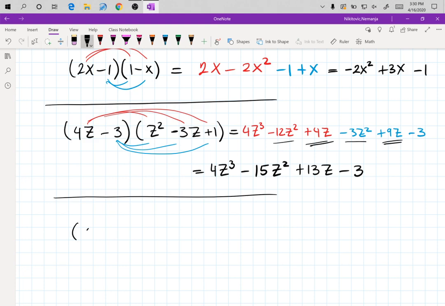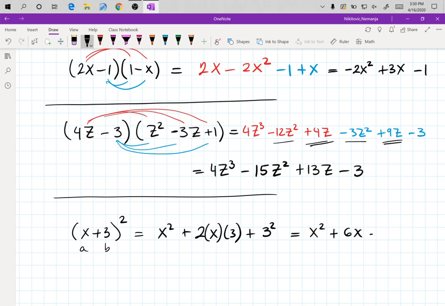So, x plus 3 squared. Well, this is my a, this is my b, and the formula is, I memorized it, right? A squared, so that's x squared, plus 2ab plus b squared. And that's x squared plus 6x plus 9.